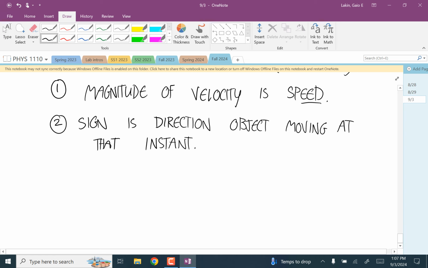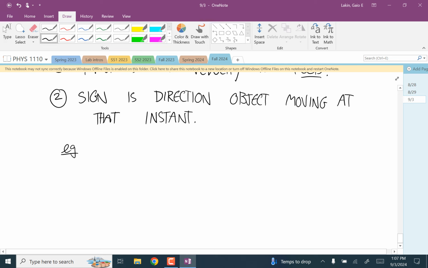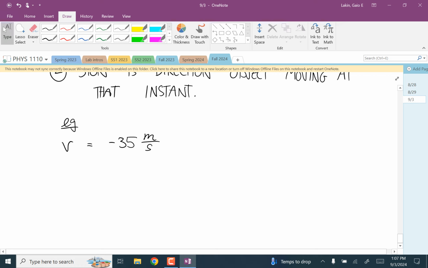Okay, so for example, if the velocity of an object is negative 35 meters per second, what are the speed and the direction of the object? Speed and the direction of motion.